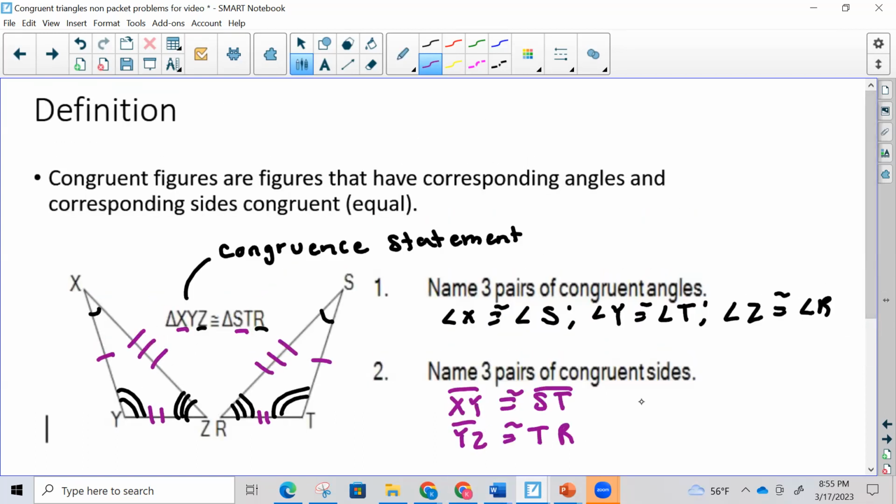And so we have XZ is congruent to SR. So again, this congruent statement tells me what is congruent. Sometimes it's going to be easy to tell by the picture what's congruent, and sometimes the triangles are not drawn to scale. So you do have to go by that congruent statement.